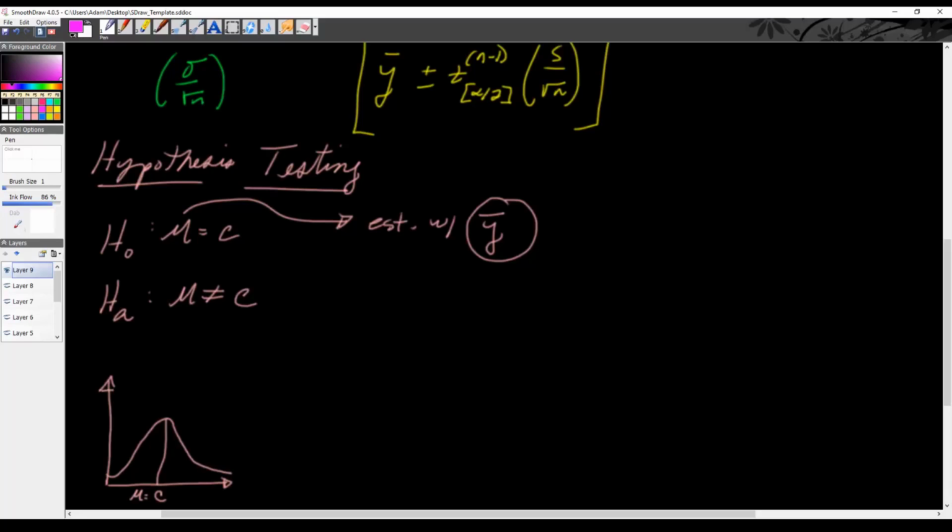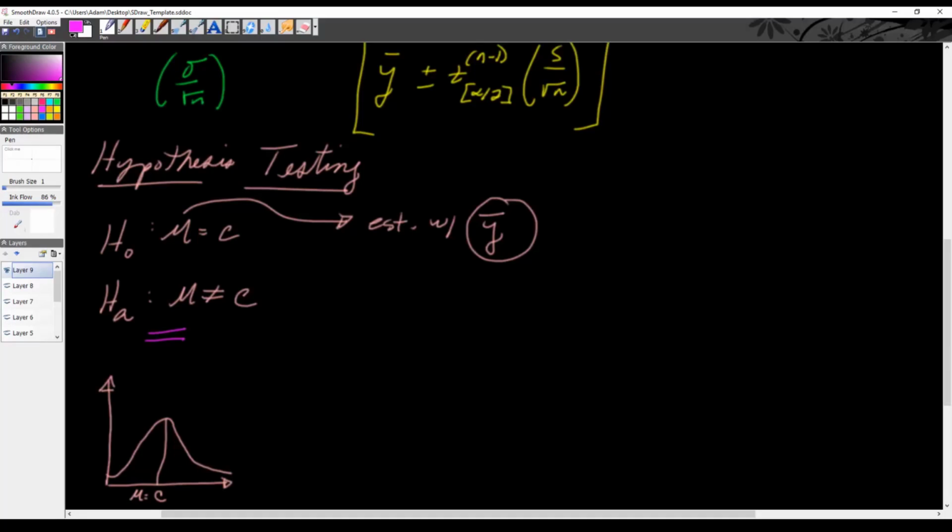And of course, if my sample statistic is very, very large relative to c, then that's evidence against the null hypothesis. So I might reject the null hypothesis and make the assertion that mu is different than c. So again, this is just hypothesis testing. When we see examples, it'll make a heck of a lot more sense.